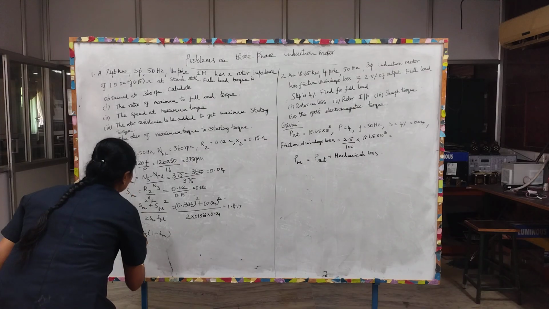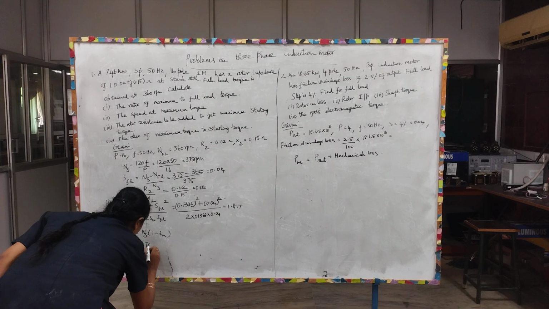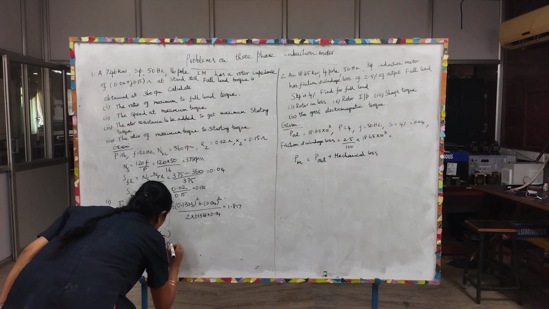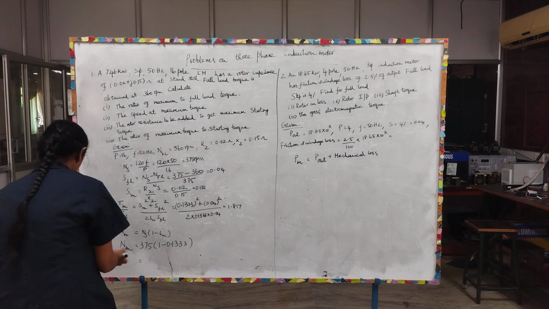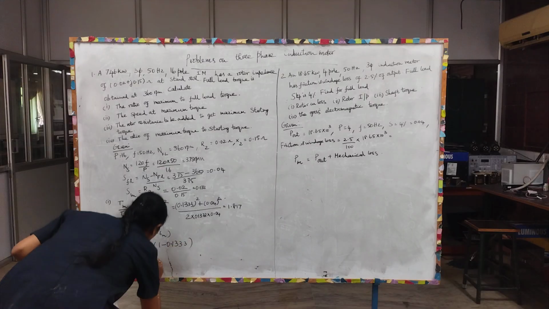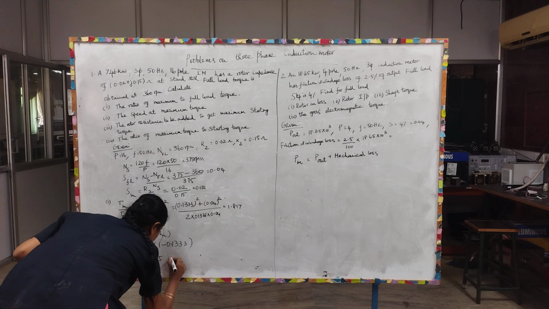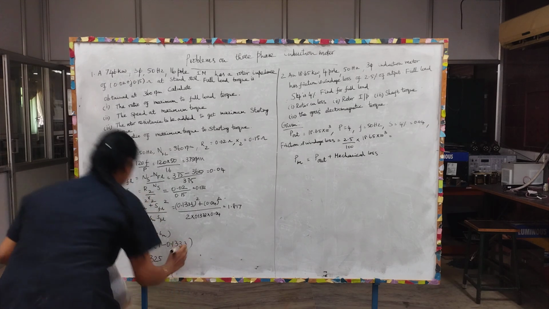Nm equal to Ns, 375, into 1 minus Sm, 0.1333. So from that we can calculate Nm equal to 325 RPM. So this is Nm.